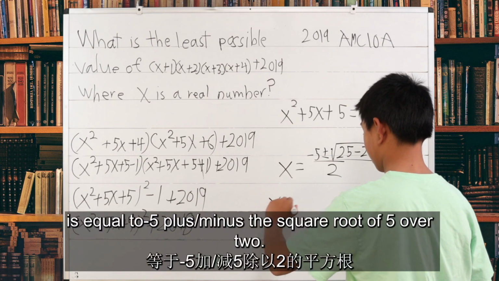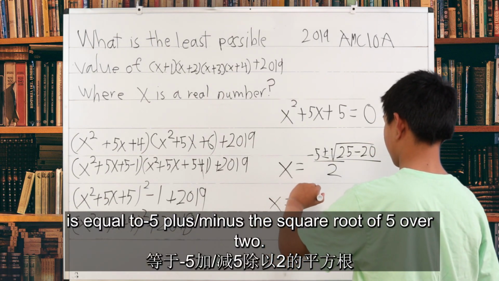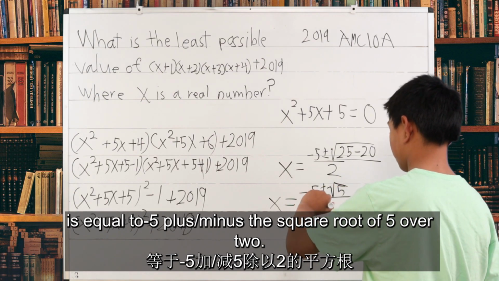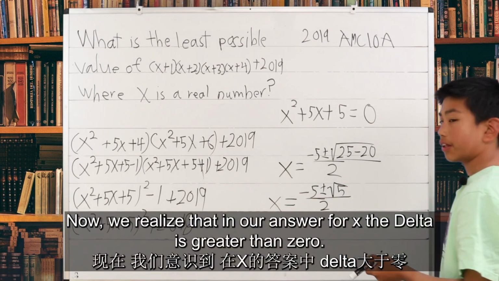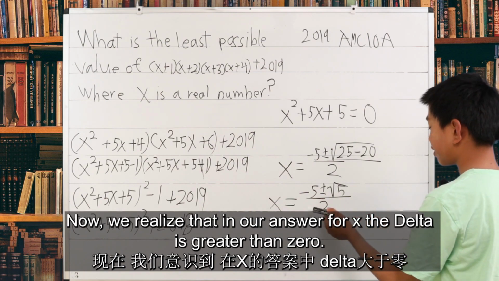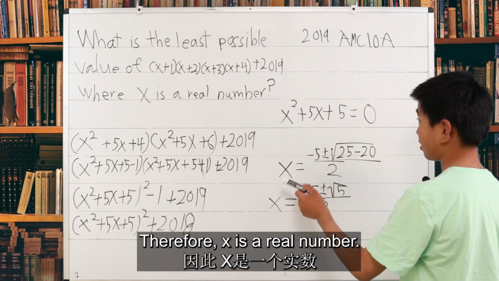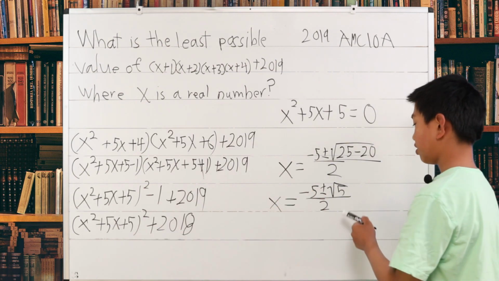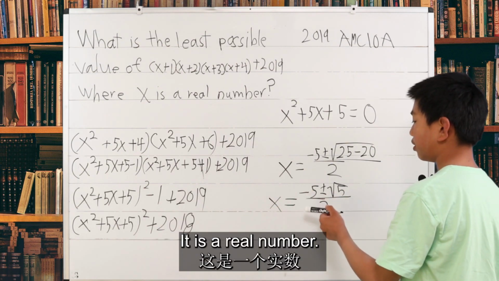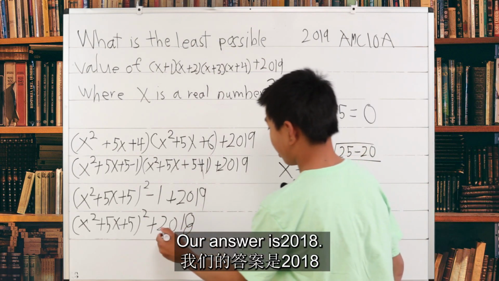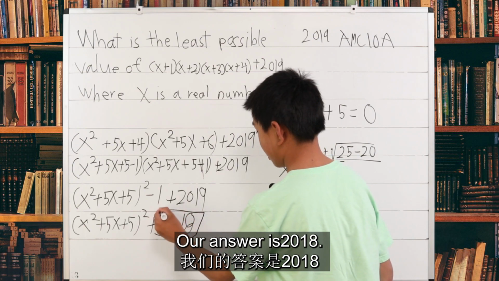So x is equal to negative 5 plus or minus the square root of 5, over 2. Now we realize that the discriminant is greater than 0, so x is a real number. So that means the squared term can equal 0, and our answer is 2018.